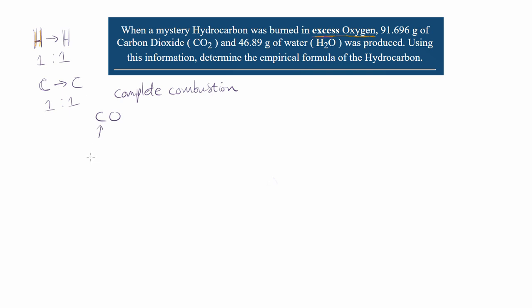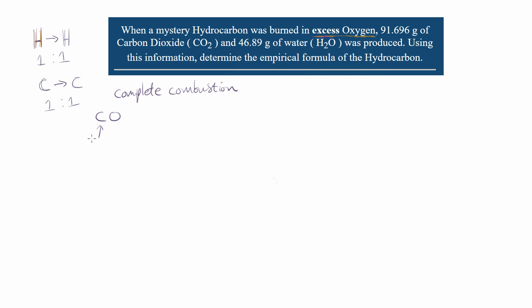So we would be in some level of difficulty to say there was a 1-to-1 ratio between the carbon in the hydrocarbon and the carbon in the carbon dioxide. But because it's complete combustion, we can say that's effectively what we can assume happened.